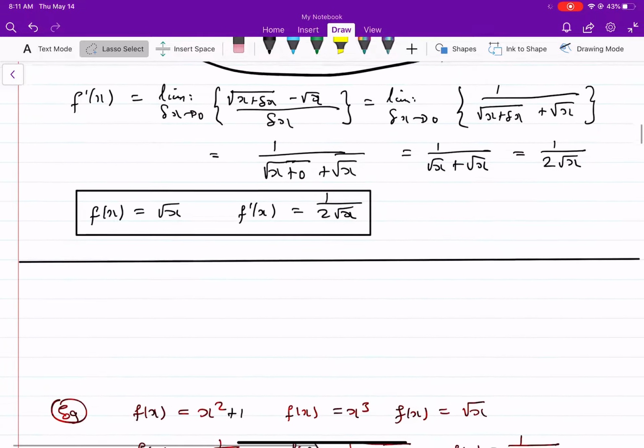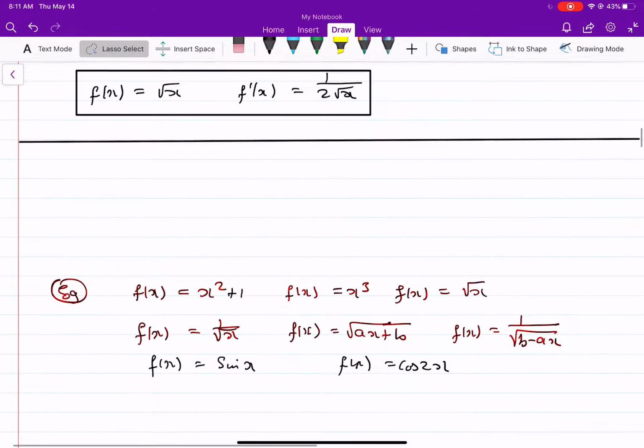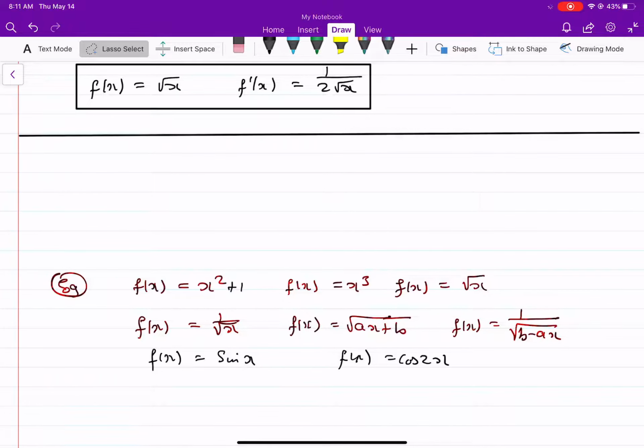Next one in line. So I've done, let's see, I've done this one. I've done this one. I've done that one. I'll leave the 1 upon root x for you to do. No. I'll do that one. 1 upon root x.